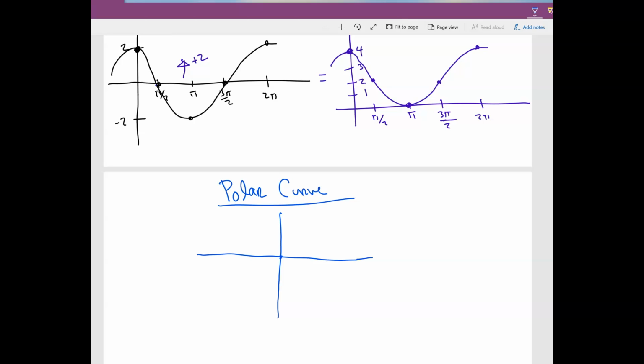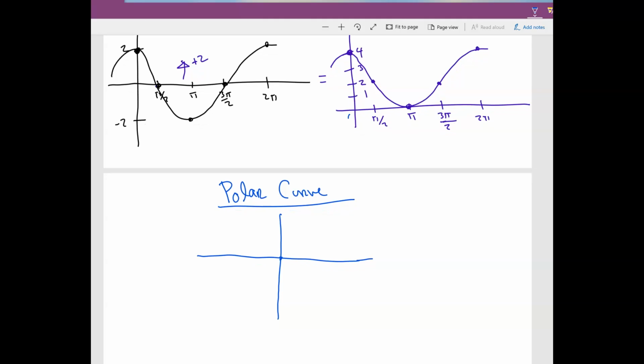And now we're gonna take theta to be equal to 0. So remember, we're starting at 0. At theta equals 0, what do we have? At theta equals 0, we start off with the point 4. 1, 2, 3, 4. So in this direction, theta equals 0, we're starting at that 4.